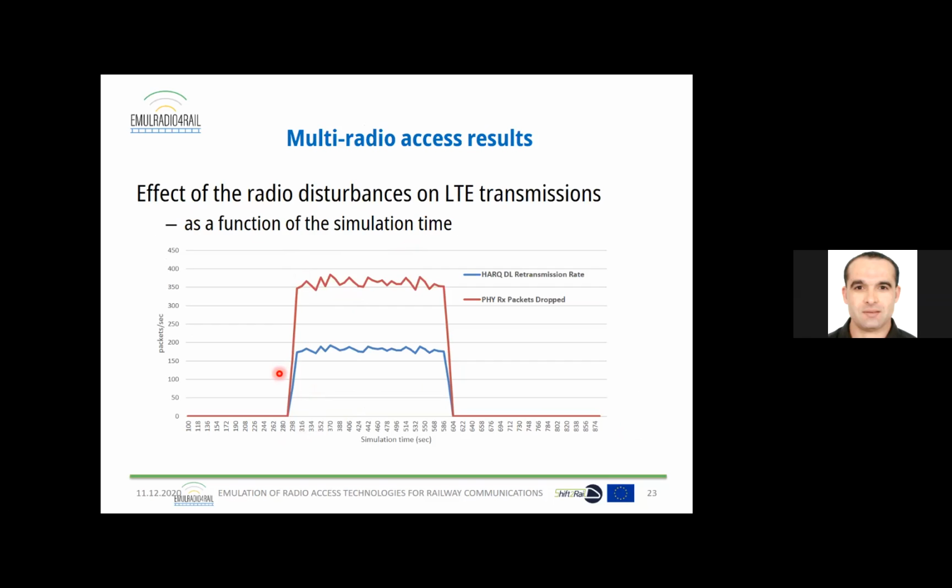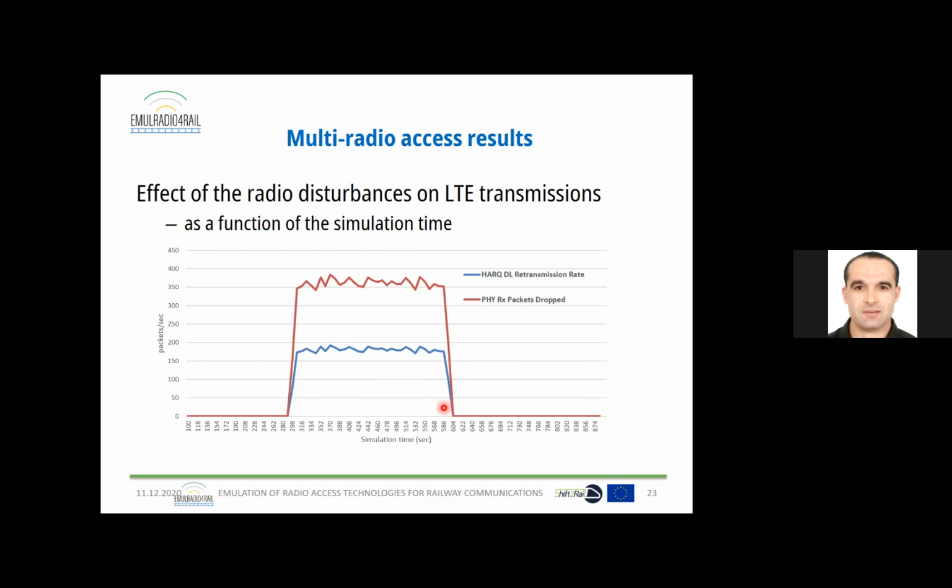And here we can notice that at the physical level, in red here, we have a growth of the physical drop when the train is in transit in the coverage of the jammer, and also we have a growth of the HARQ retransmission mechanism of the LTE.